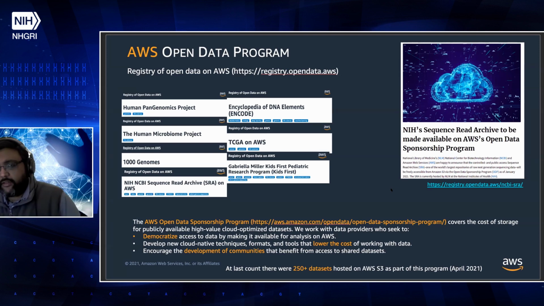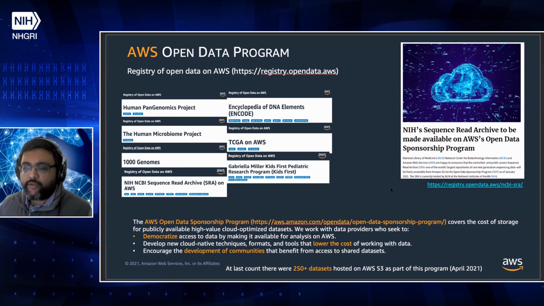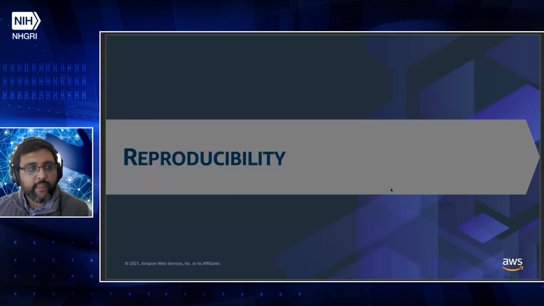And most recently, as Dr. Norris mentioned, we just had a collaboration with NIH, NCBI, to onboard the entirety of the Sequence Read Archive, which is about 35 petabytes of data, onto the AWS Open Data Program, so that now this data is available for anybody to use free of cost, right? And at last count, I think we had about 250 plus datasets hosted on AWS S3 as part of this program, with about 80 datasets that were healthcare, biomedical research, and genomics focused.